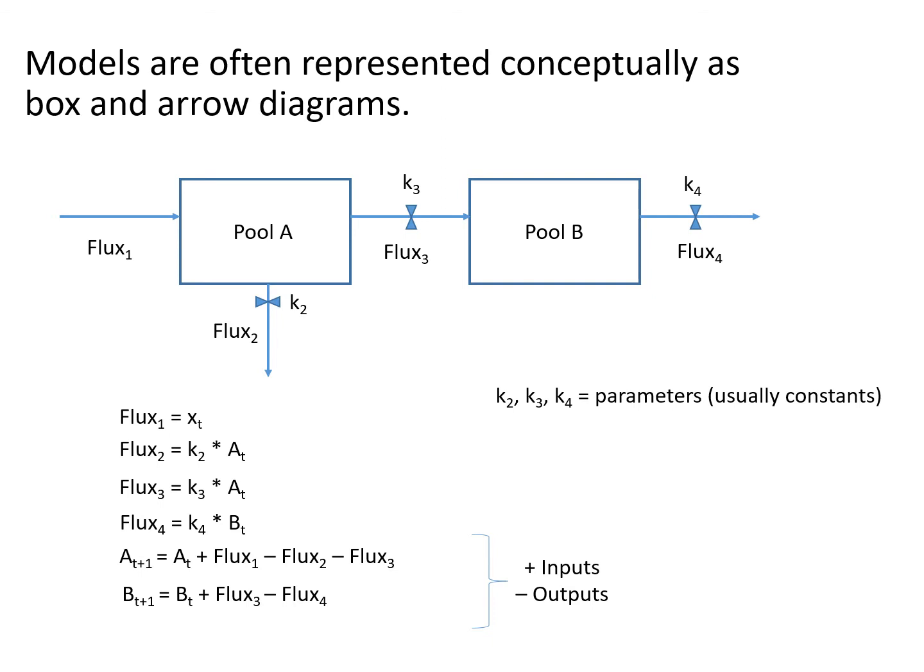And we can go down to the bottom, and we can say for any given time period, we can update pool A and pool B as a function of their prior time period and whatever fluxes happened during that time period, and get an updated pool A and pool B at time t+1.